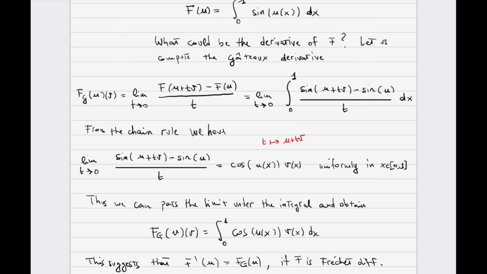So this segment here, that at t equals 0 is in u, and then passes from u0 in direction v. So this would be the direction v.